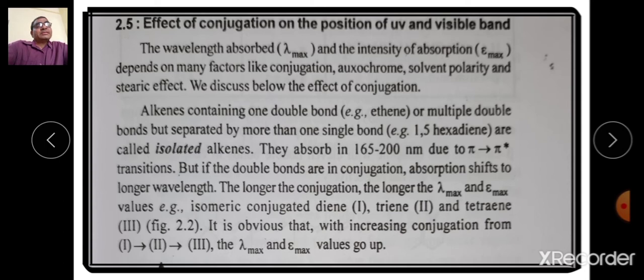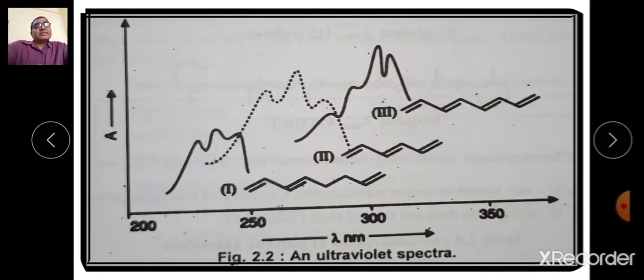Let us have the figure. Yes, this is the first one. Here only two double bonds are in conjugation. The third one is in the isolated condition, and therefore the effect is only of these two pi bonds, which are in conjugation, double bond, single bond, double bond.